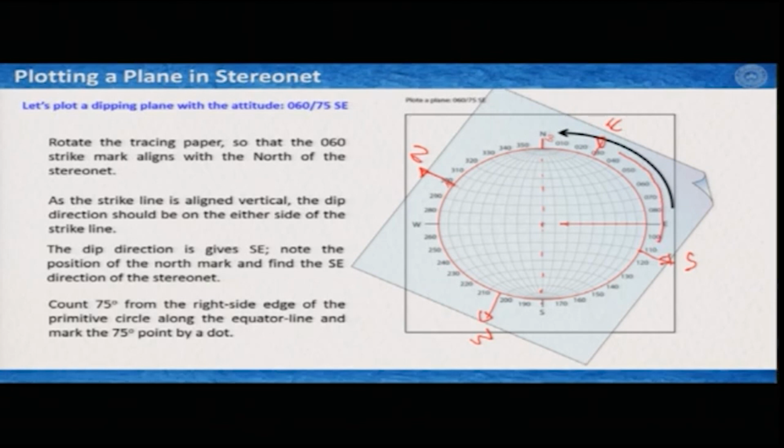So, we have to count therefore from the east or the equatorial intersection here 75 degree towards the center of the stereo net. So, again the grids are 10 degrees. So, you count 10, 20, 30, 40, 50, 60, 70, and here you have 75 degrees, and you mark this 75 degrees point with a dot.